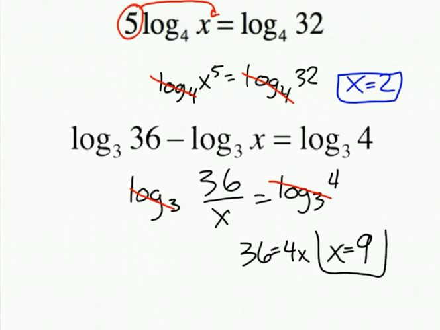So my answer is 9. Very tempting on this one to just cancel out all the logs and say 36 minus x equals 4, and then say 32, which is going to be an available answer. That is a big no-no. Bad, don't do that. Make sure you understand that subtracting is dividing, adding is multiplying, and something multiplied out front is the same as making it the power.